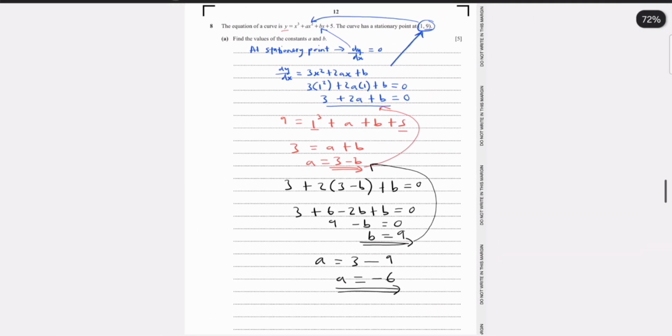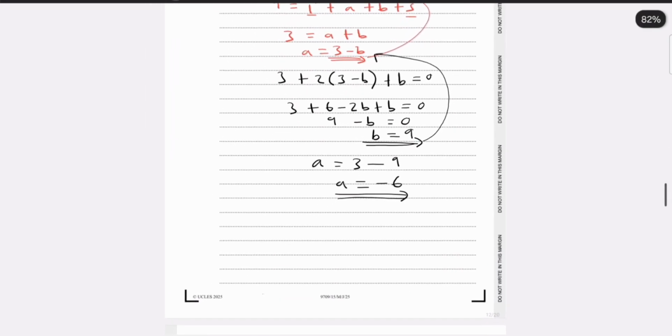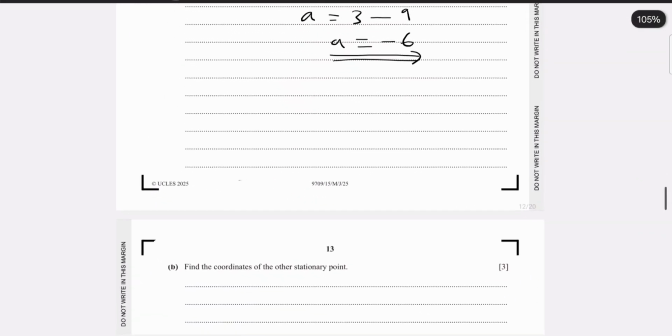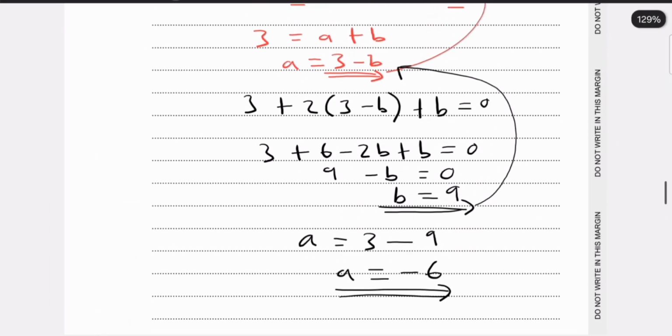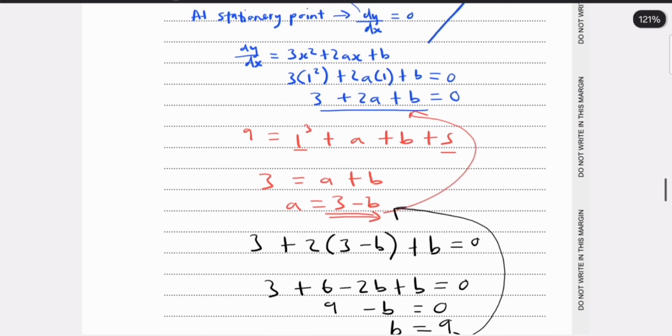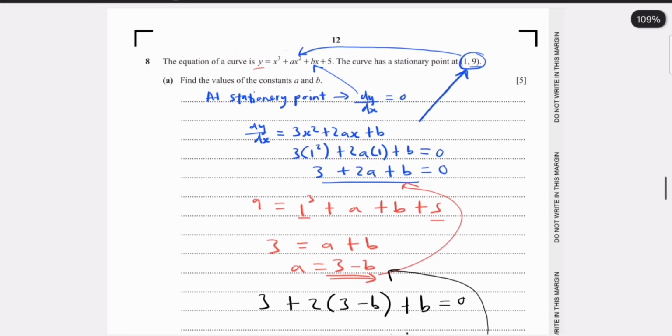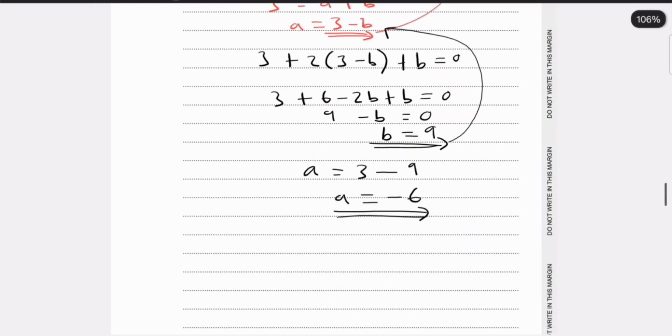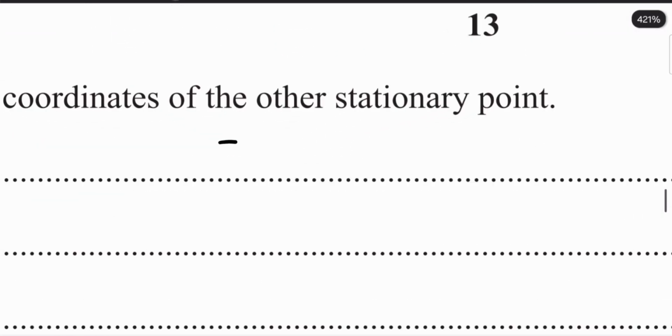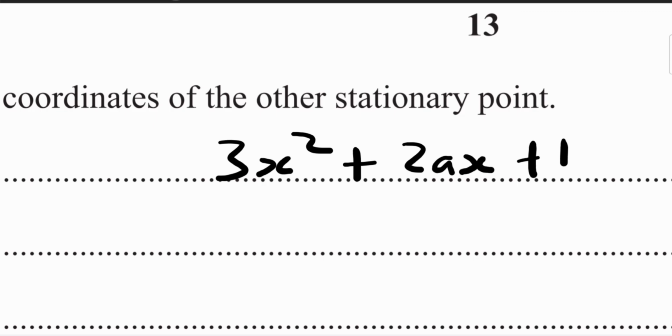Right? You get your 5 marks there. Then for part B, it says find the coordinates of the other stationary points. Right? Find the coordinates of the other stationary points. So the gradient, dy/dx, was 3x squared plus 2ax plus b.